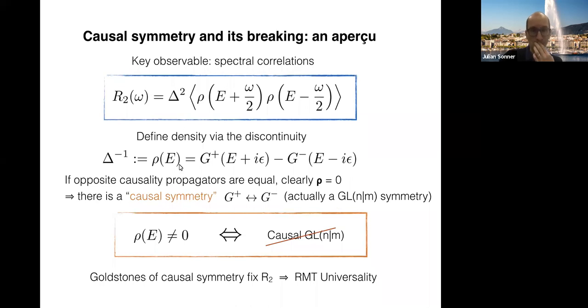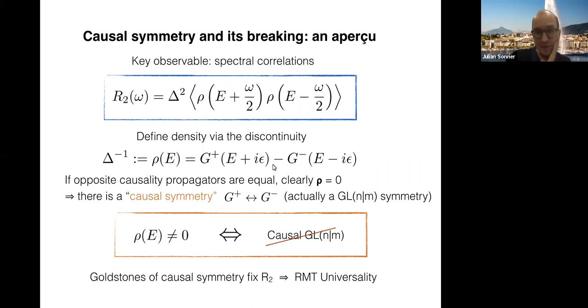So what does this causal symmetry breaking mean? Now, if the opposite causality propagators are equal, so if the advanced and the retarded correlator are equal everywhere, then the spectral density obviously vanishes just by the definition here. In fact, what you can show, and what we will show, is that in this case there is even more.